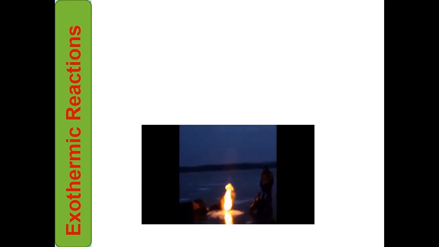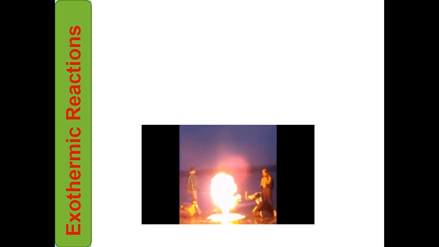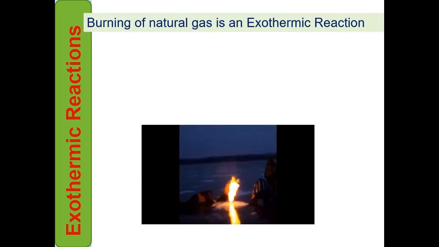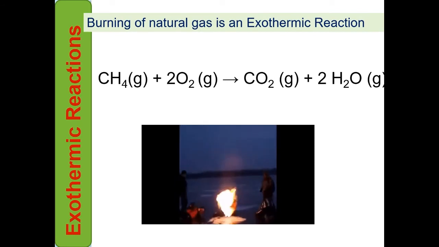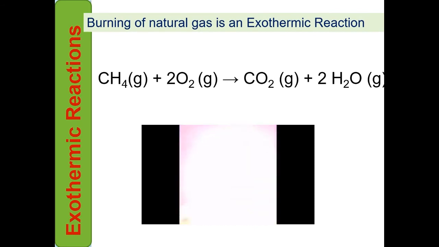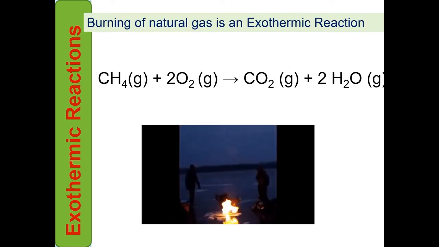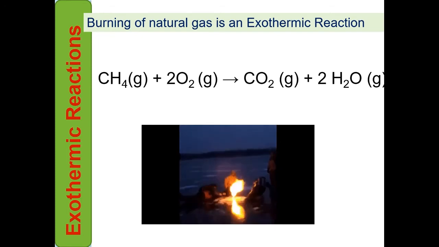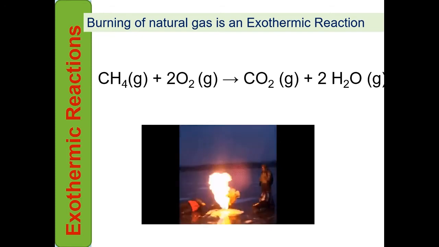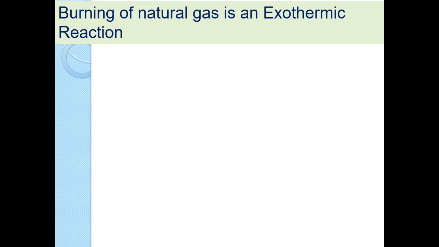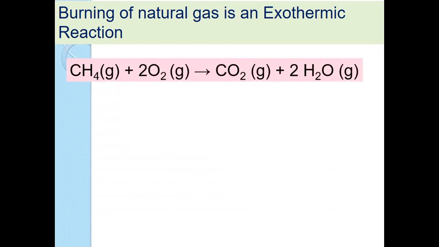Now the question is, why are certain reactions exothermic and why are certain reactions endothermic in nature? Let us go ahead with this example, burning of natural gas. Let us discuss why this particular reaction is an exothermic reaction. A chemical reaction involves breaking and reformation of bonds to form new substances.